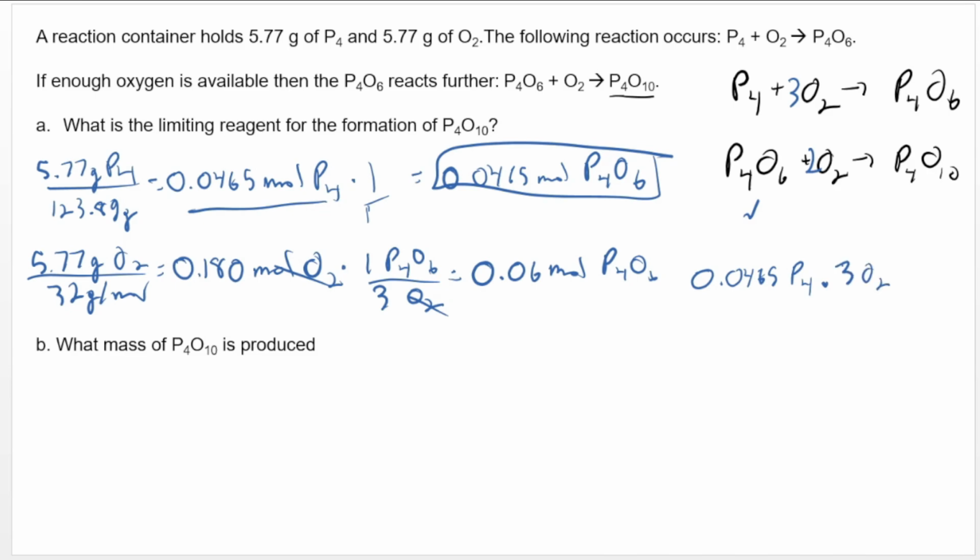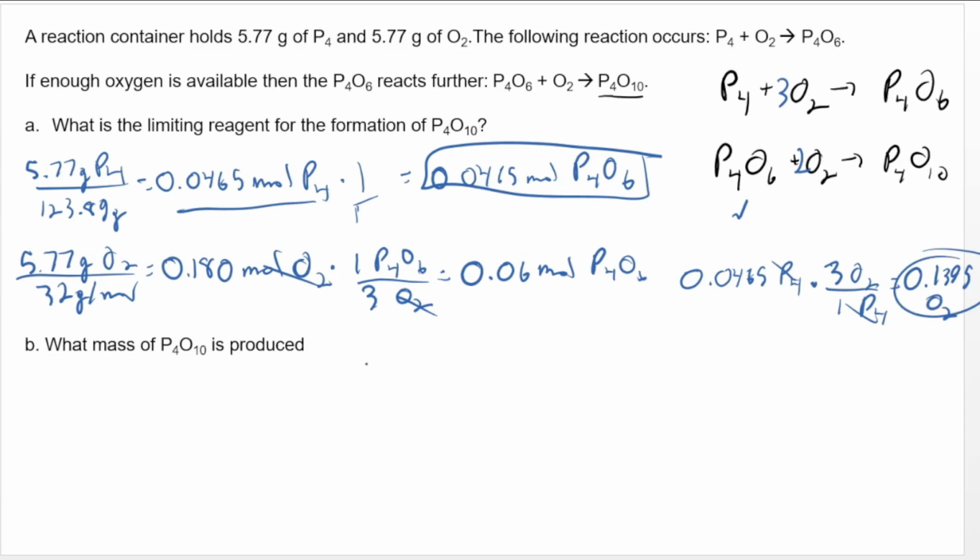So 3 O2 divided by 1 P4, because the reaction ratio is 3 O2 for every 1 P4, and we get 0.1395 moles of O2. That many moles of O2 was needed to produce the 0.0465 moles of P4O6, based on the limiting reactant.